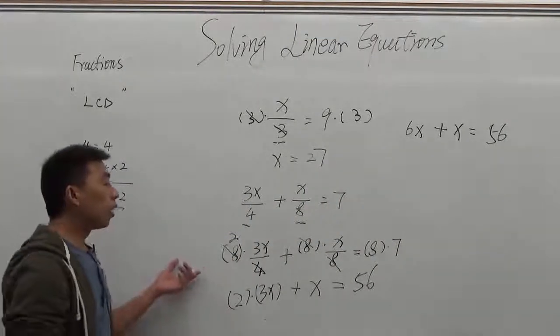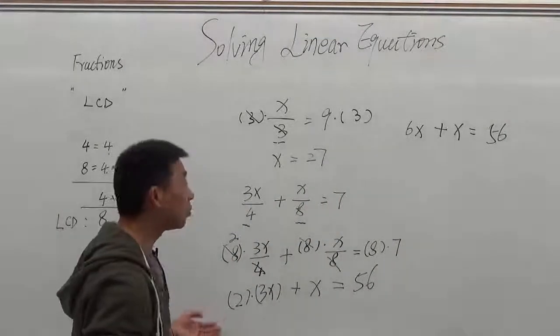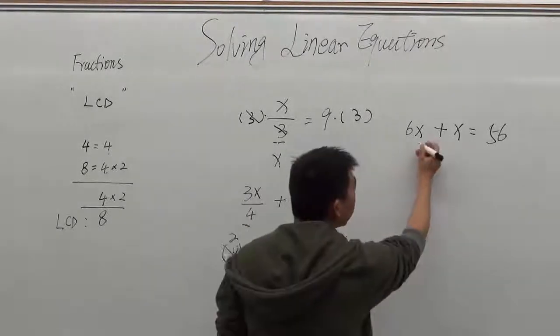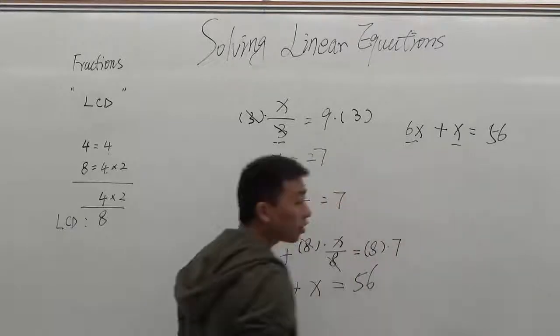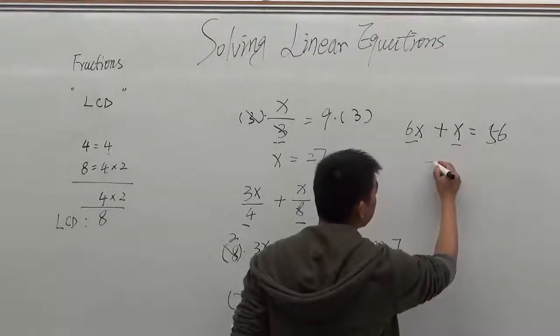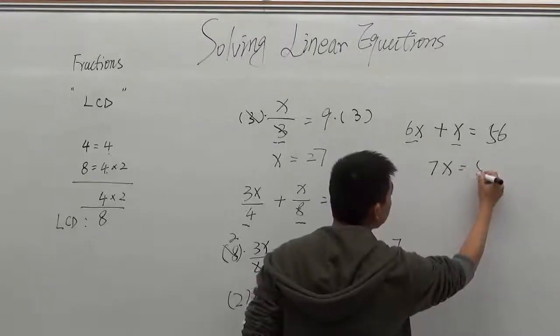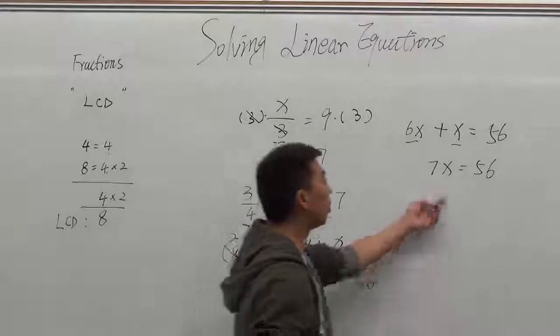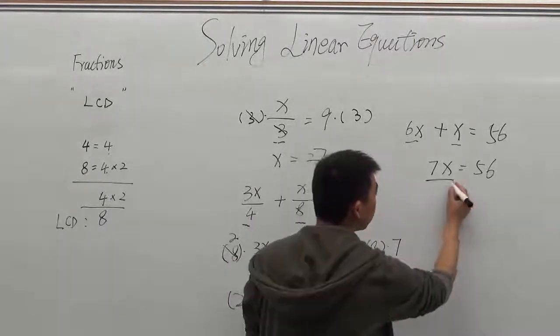So after you multiply by the LCD and simplify, you get this very easy equation. Here has the term x, here the term is x. They're like terms, we can combine them. So we have 6x plus x, that gives us 7x equals 56. Then here's multiplication, so all we need to do is divide by 7.